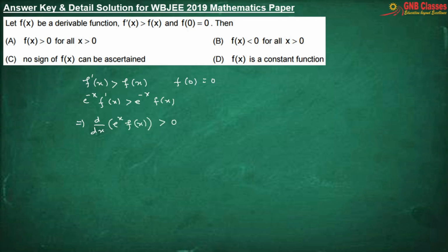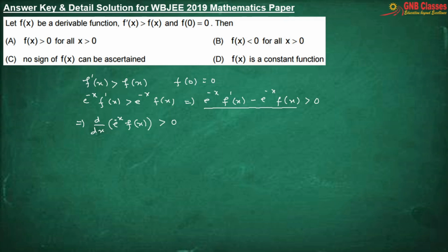Have you understood this? Because if I take everything on the left hand side, we are going to get something like this, right? So this part is nothing but d/dx of e to the power minus x f(x). Is it clear? Now d/dx of e to the power minus x f(x) is greater than 0.